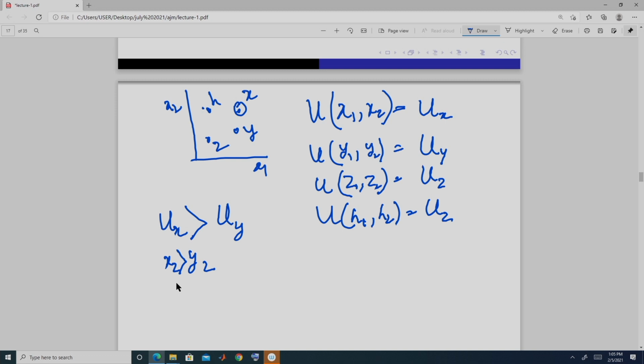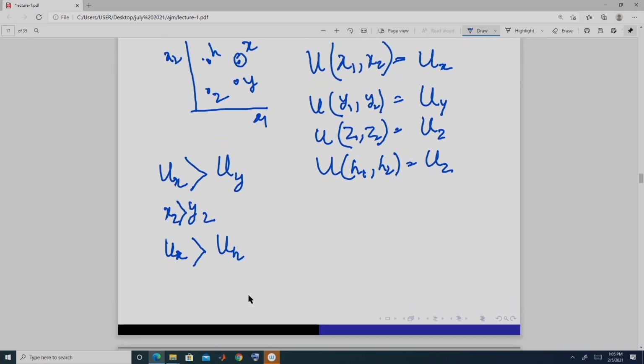Again, we can say that x is greater than h. Why? Because x2 is the same as h2, but x1 is greater than h1. So we have something like this.